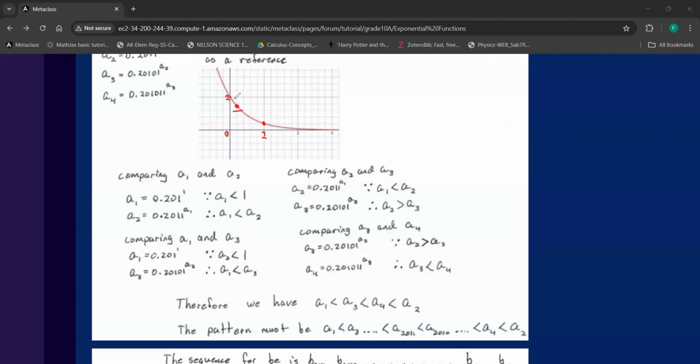It is at 0.2, somewhere on the x-axis. So this is pretty much 0.2 here, and this is obviously greater than 0. And so we know that A2 must be smaller than 1. Because of that, A1 must be smaller than A3. And so that's why I put the A3 point somewhere here earlier.